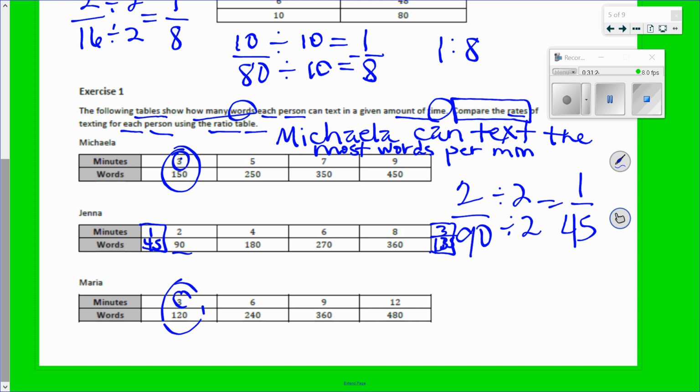Again, we've got 3 minutes for all of them. Michaela does, and then Jenna can text 135, and then Maria is 120.